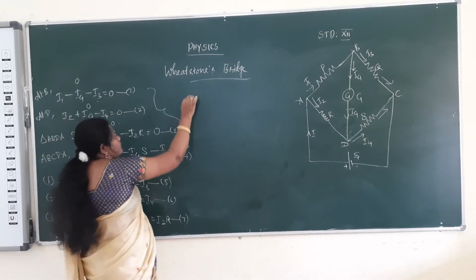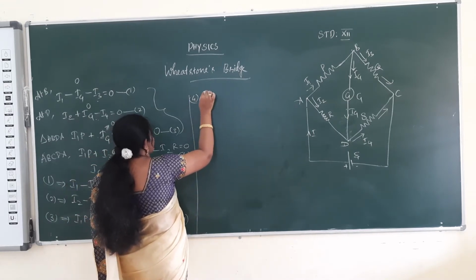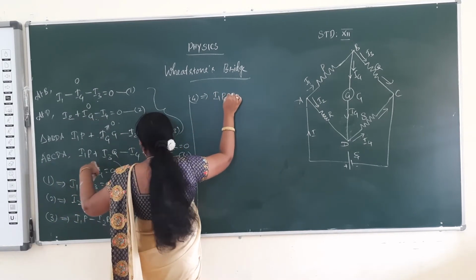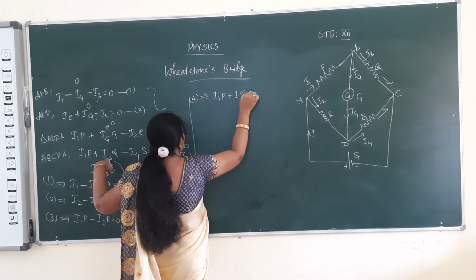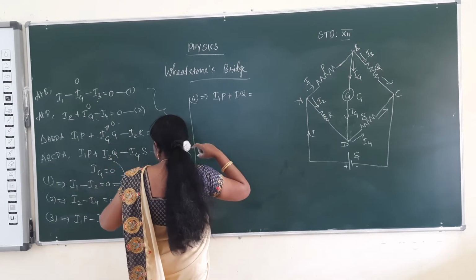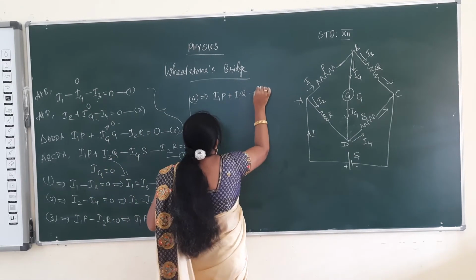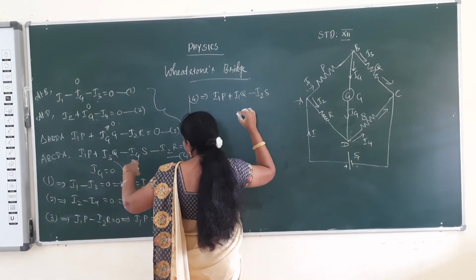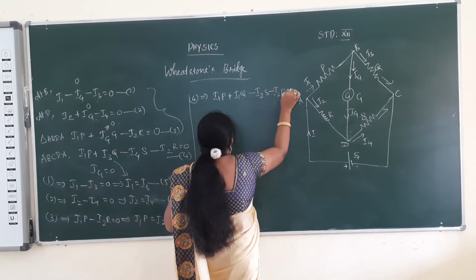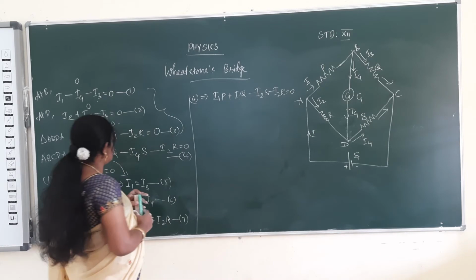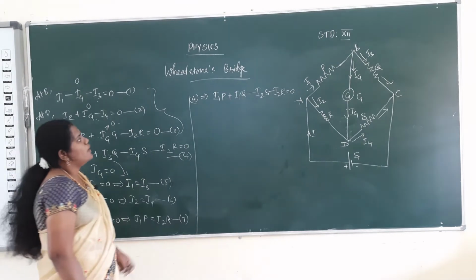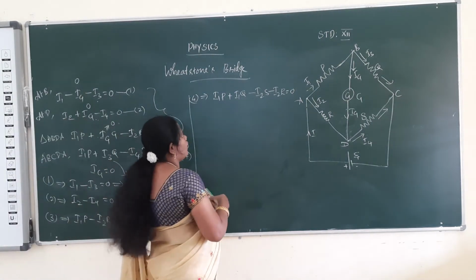So the fourth equation becomes: I1B plus I1Q minus I2S, with I2 instead of I4, minus I2R will be equal to 0. Okay, so we substituted the first 2 equations in equation 4. So I1B plus I1Q minus I2S minus I2R will be equal to 0.